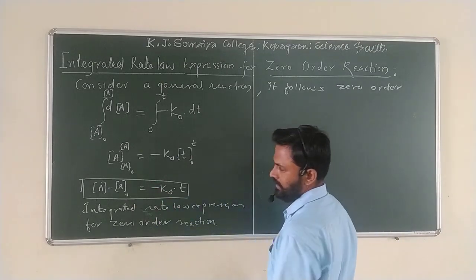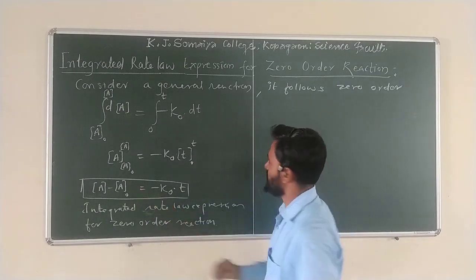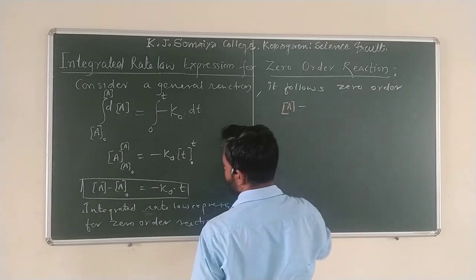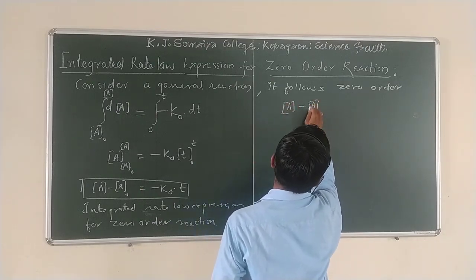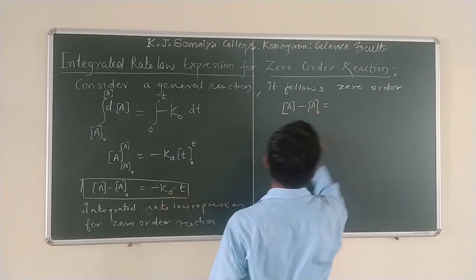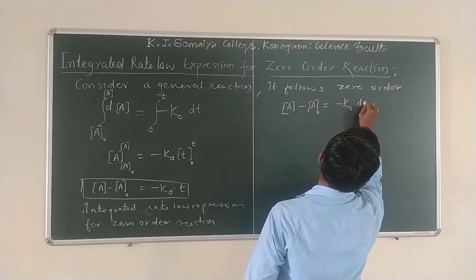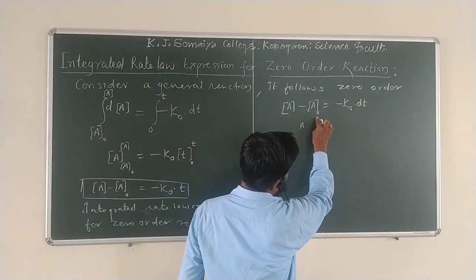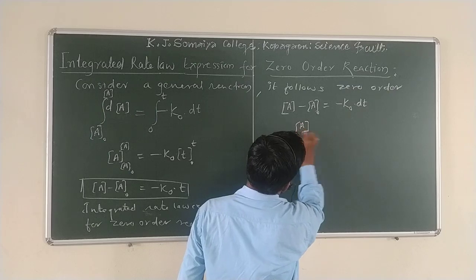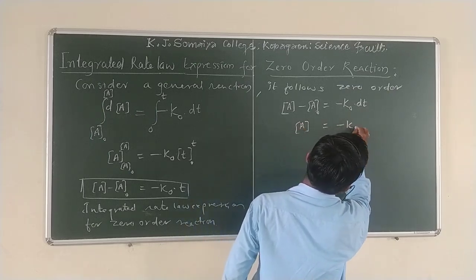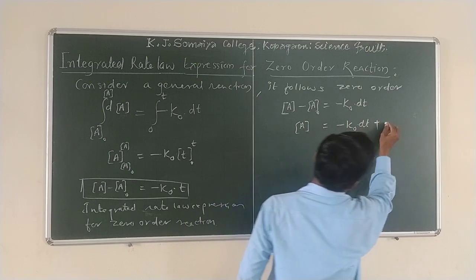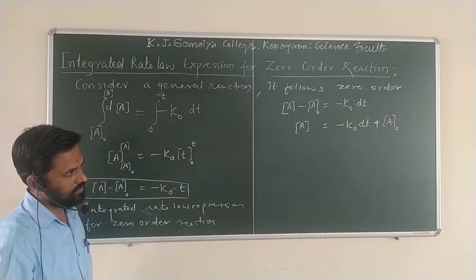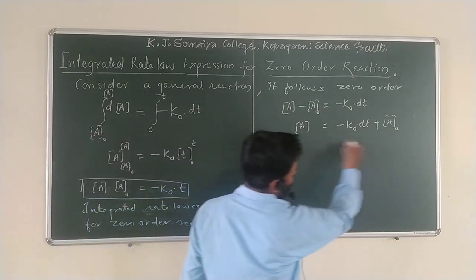Now just observe this equation. Concentration of A, which is at time t, minus concentration of A0 is equal to minus K0 t. So can we rearrange it? How can we rearrange? Just take this value to the right side, you will get A is equal to minus K0 t plus A0. What can you observe?